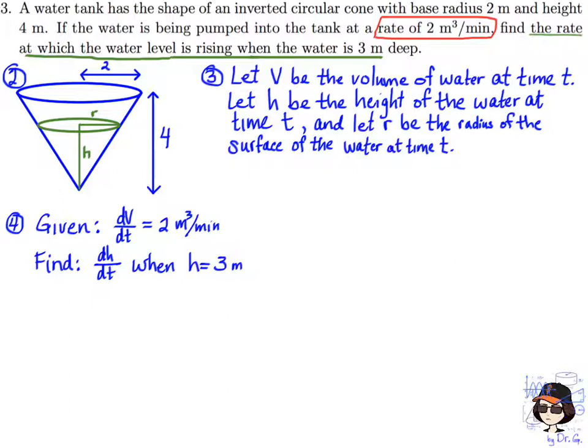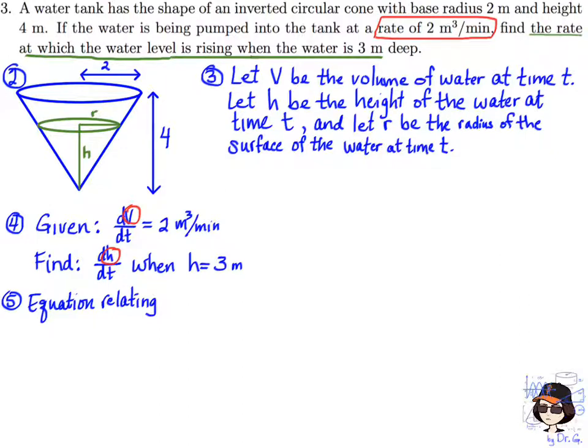Okay, step 5 says, now we have to write an equation that relates the quantities that are changing, not the derivatives, but the quantities. So we're writing down an equation relating the V and the H. So we look at step 4, we look at the derivatives that we're given and are asked to find.